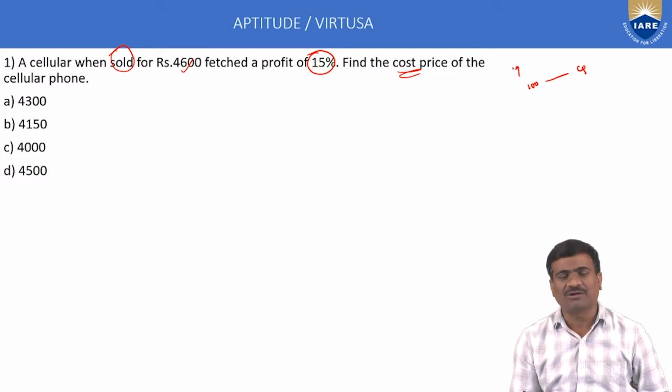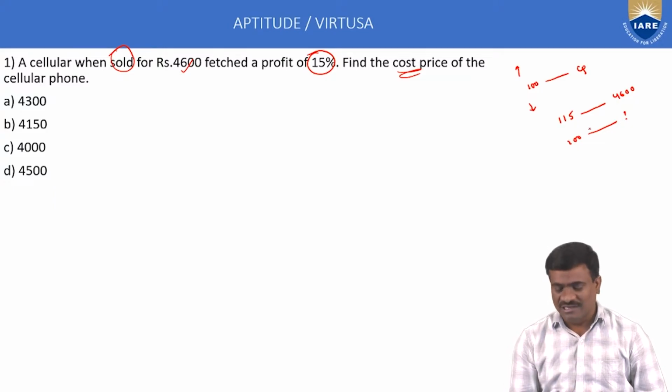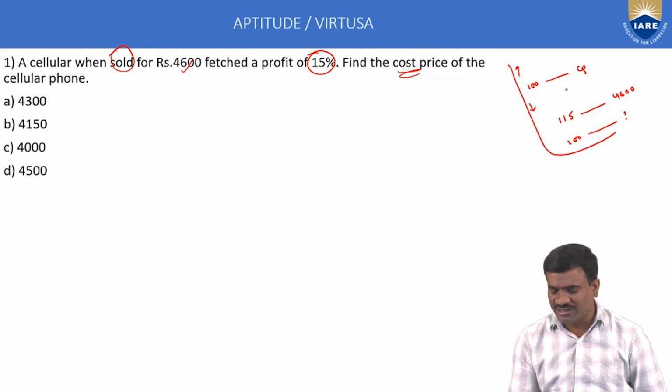Above indicates profit, below indicates loss. In your method, 15% profit, that value is 115. Your 115 amount is equal to 4600. Then 100 is dash, 100 is the cost price. This is called the shortcut method without using any formula.